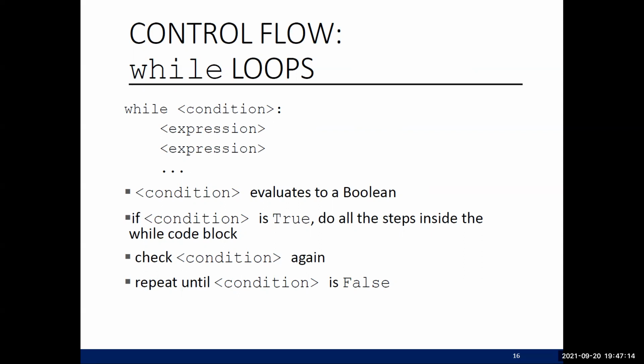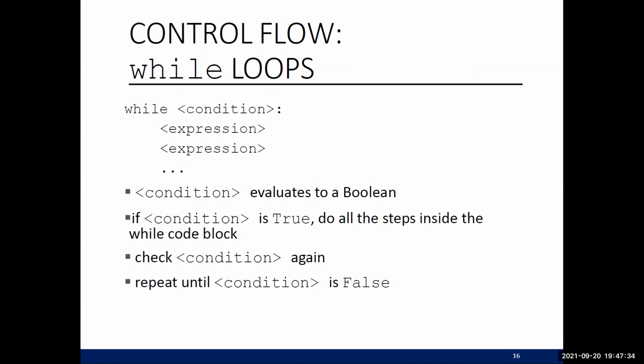Once it's met, then the loop will stop. But at that time, we don't know how many iterations we'll go through. And this first one, where it's unknown how many times it will loop or iterate, we call the while loop.